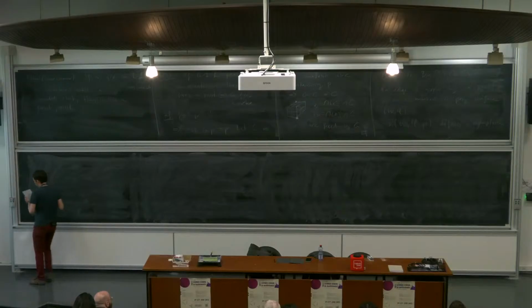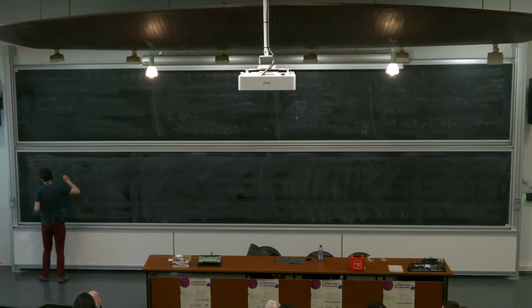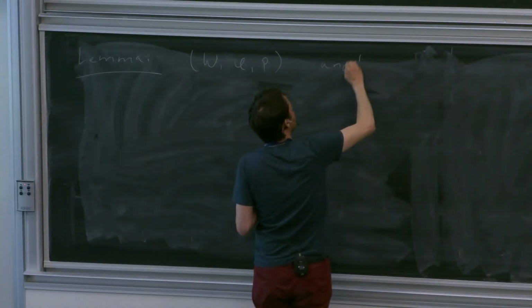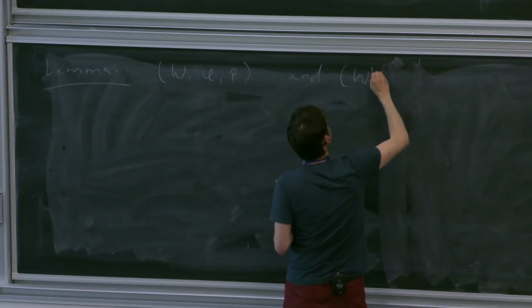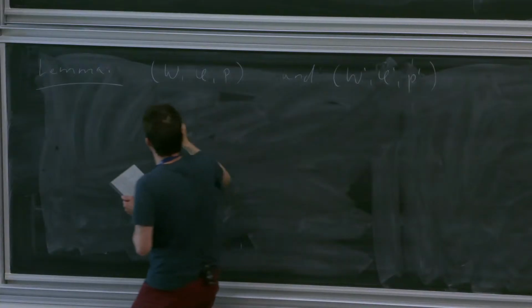Okay, so we have the following lemma, I will briefly sketch the proof after. So if we have two such triples, W, phi, and P, and here we have W prime, phi prime, and P prime, they define the same hyperplane.